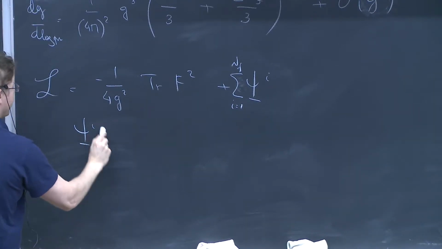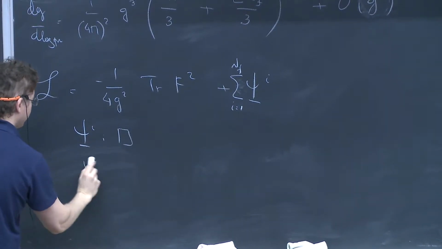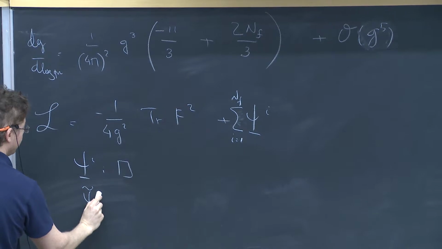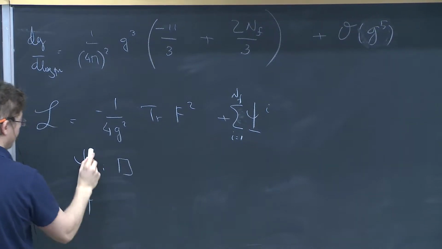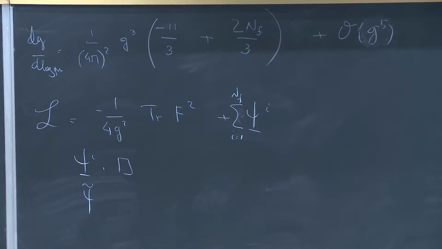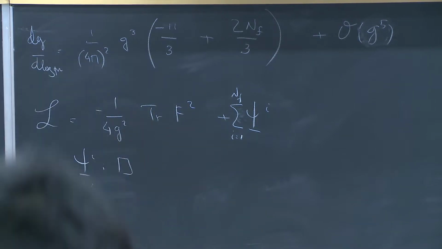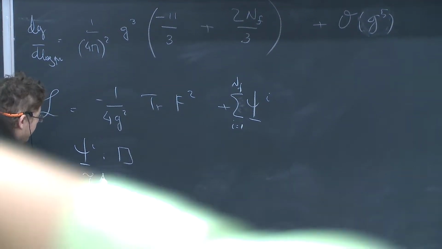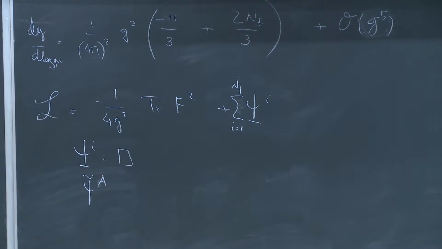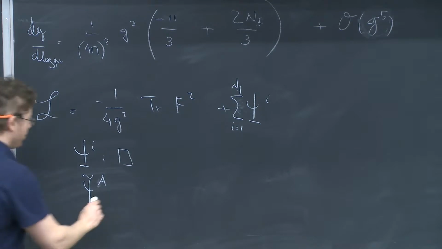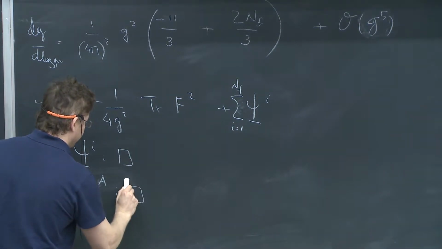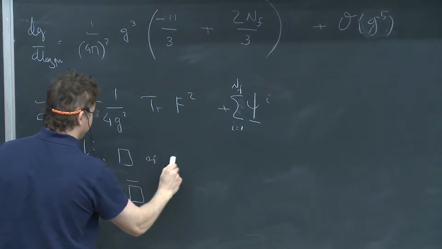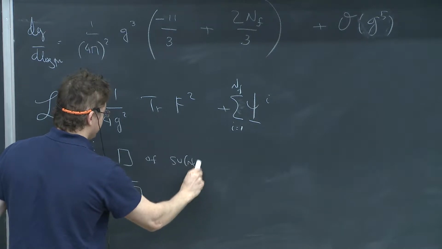The quarks psi are in the fundamental representation, and the quarks psi twiddle, which I would also give an index, this would have index I, and this would have index A. Those are in the anti-fundamental representation of SU(NC).